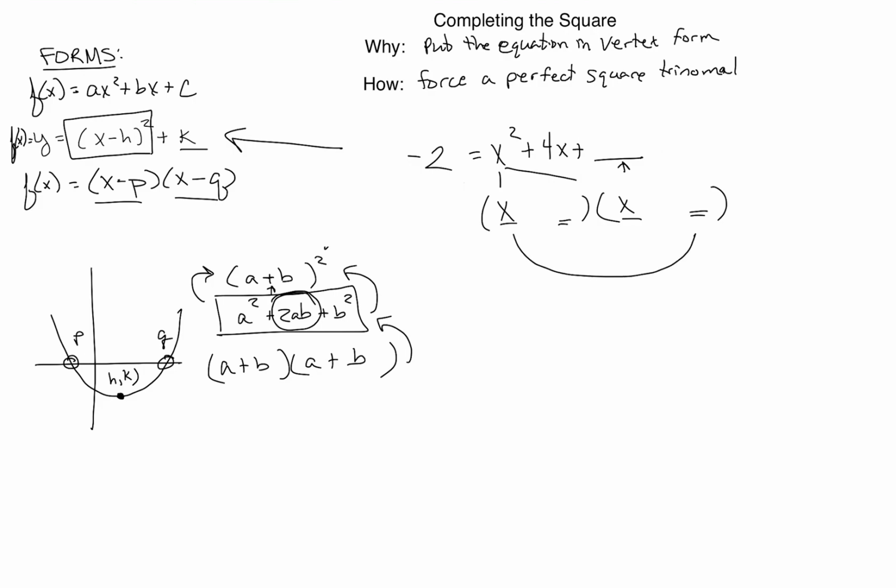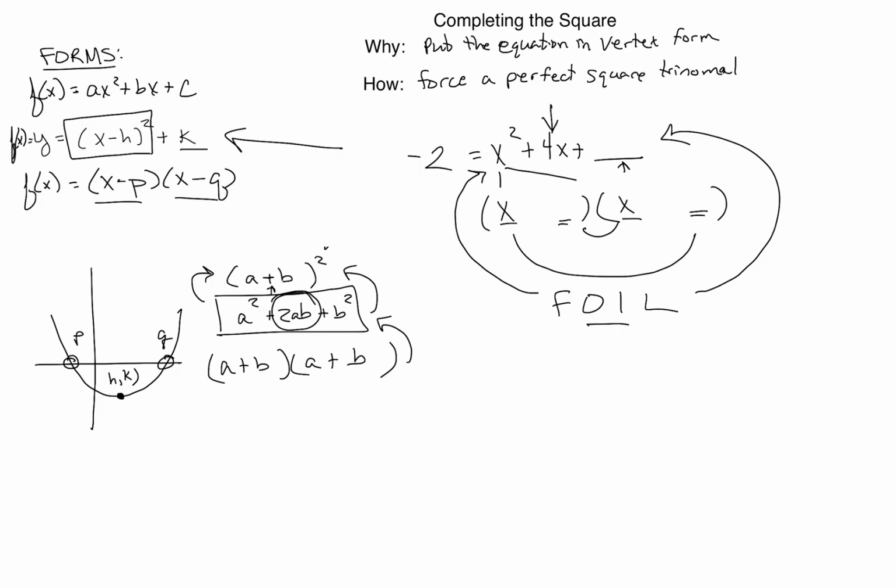We've got the outsides. So when we look at FOIL, we have our first, which creates our x squared. Our outers and our inners are what create our 4, and then our last is going to create this n. So we have 2 different spots, x times something and x times something else.